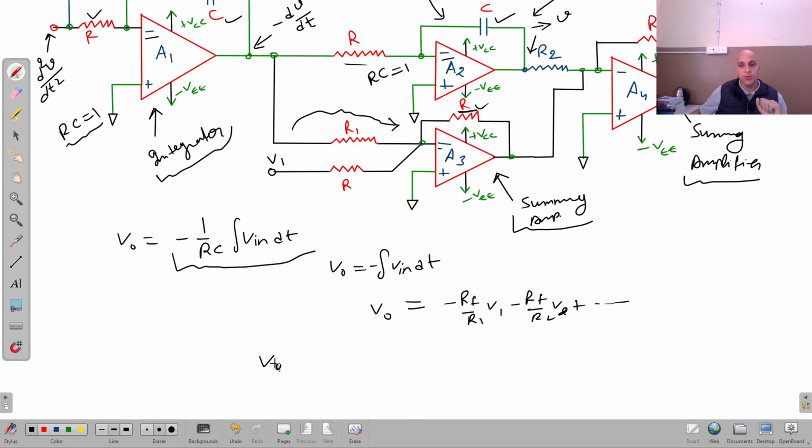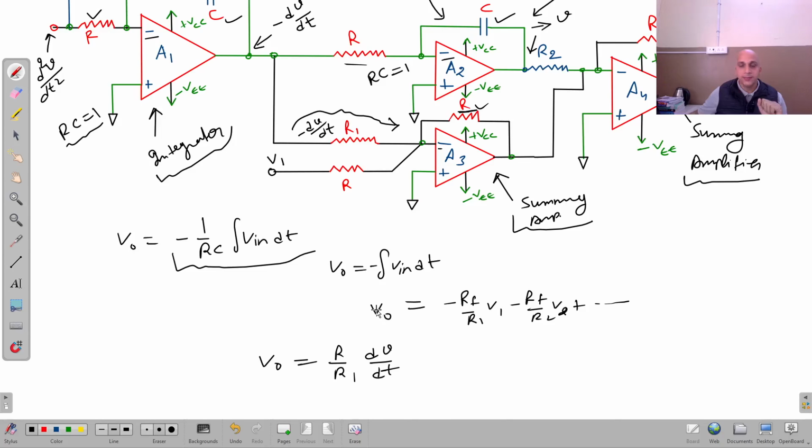So V output is equal to R upon R1, and minus minus will give me plus R upon R1, because the input is negative, so it is dv upon dt. You can see here it is minus dv upon dt applied directly from here. So minus minus will give me plus R upon R1 dv upon dt.